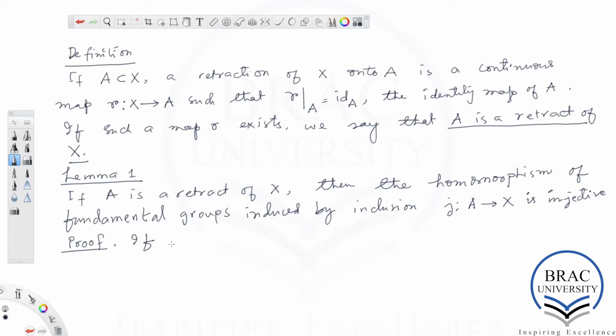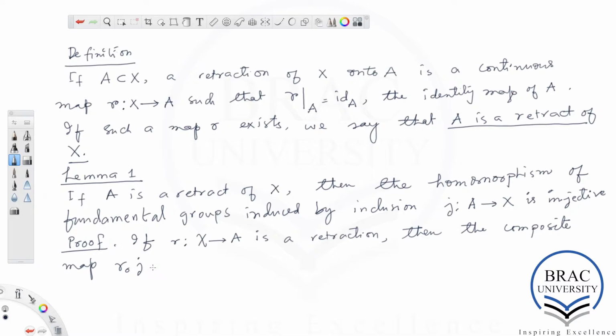First of all, if R from the topological space X to its subspace A is a retraction, then it's easy to see that the composite map R composed with J, so J takes A to X, and when J gets composed with R, that map is supposed to take A to itself, right?